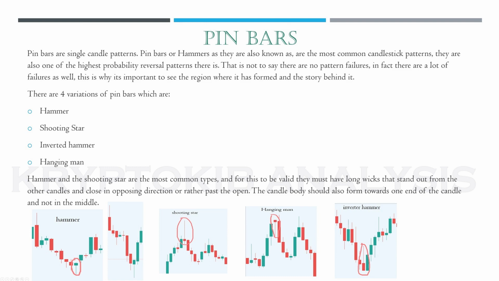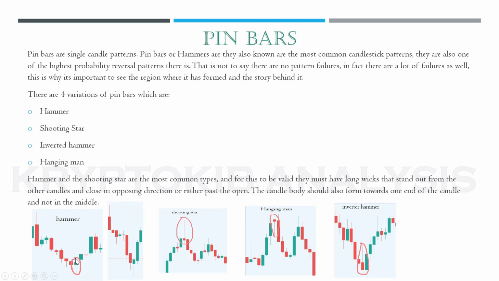It doesn't matter that the wick may not be longer than this. The wick can be longer than this, but you want the tail to be longer than the head. That is the wick to the top, which is what I'm calling the head, and the wick to the bottom is what I'm calling the tail. You want the tail to be longer. And as we can see in this particular formation, the moment the hammer formed, it caused a bit of reversal.